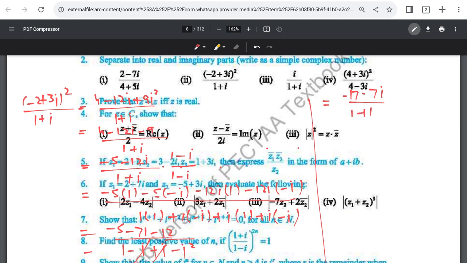So here it is minus 17 minus 7 iota over 2, so minus 17 over 2 and minus 7 iota over 2. So this is the answer of our second part of question 2.